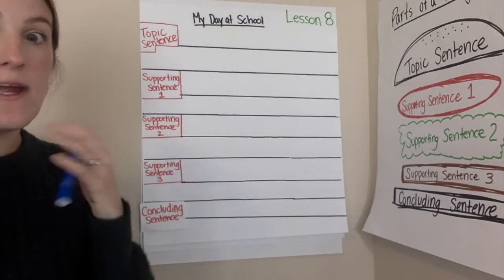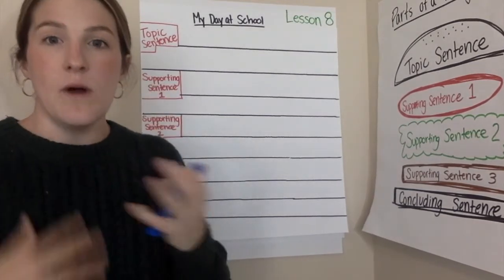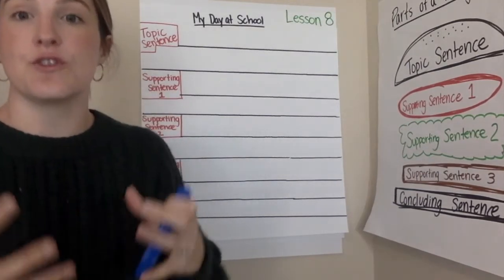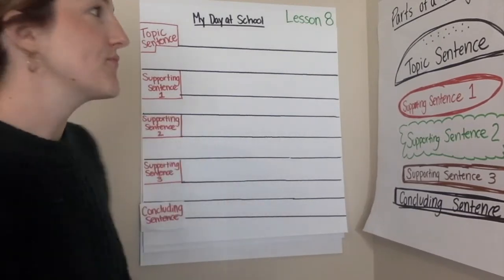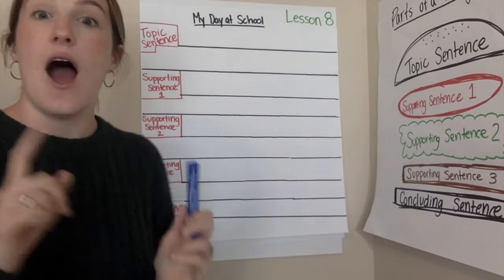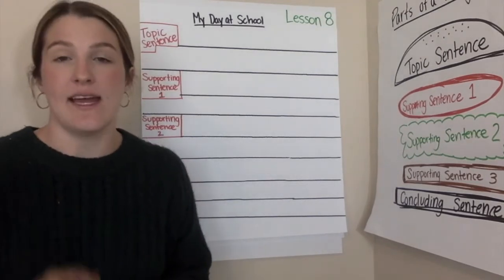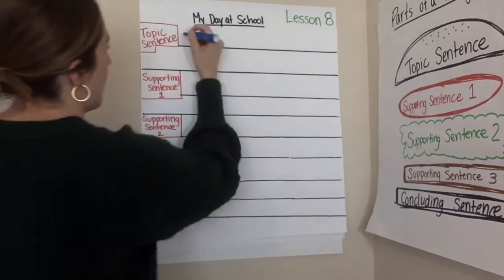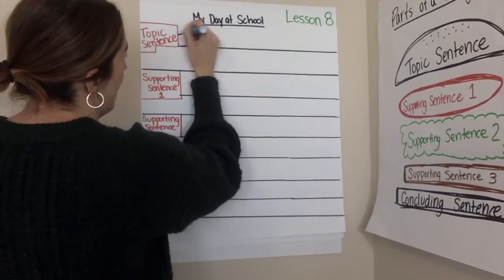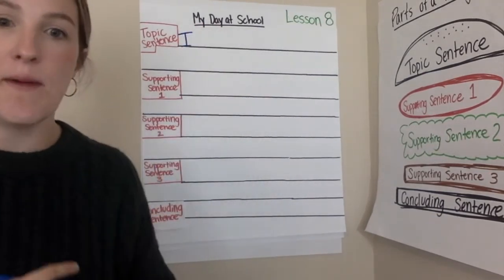Before I write, I'm going to brainstorm what I can say to introduce my reader to what I'm going to write about. I know. I'm going to say, I do a lot of different things at school. As I write, you can think aloud about what you're writing.